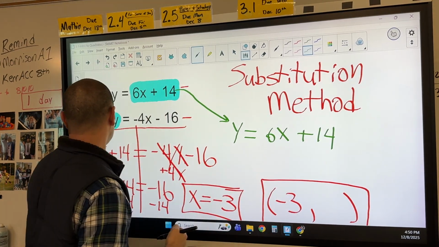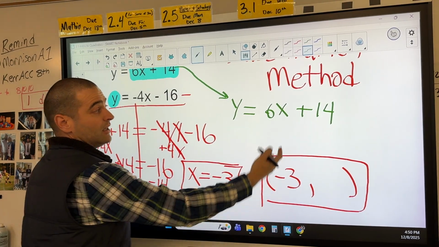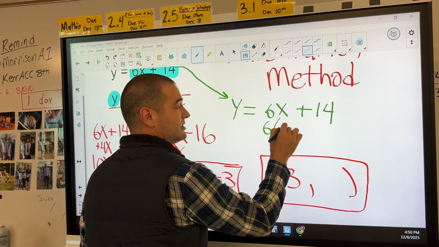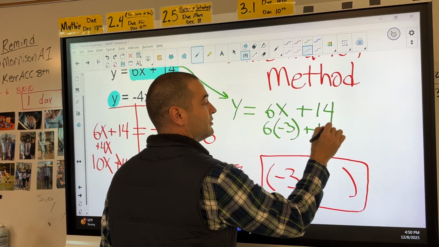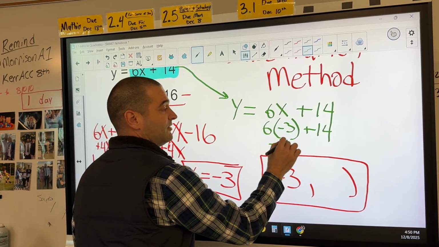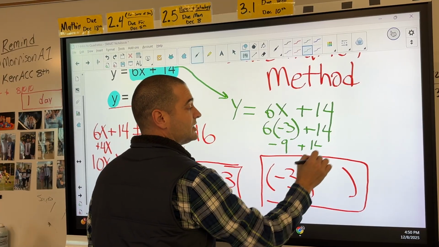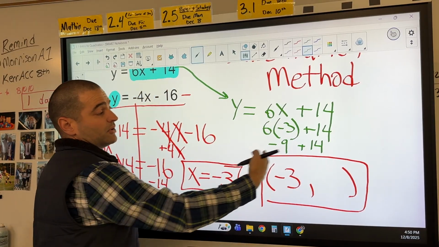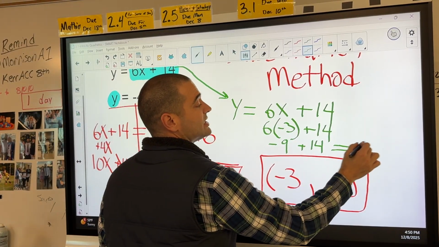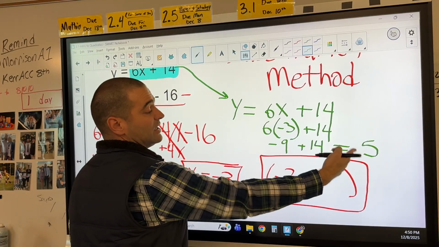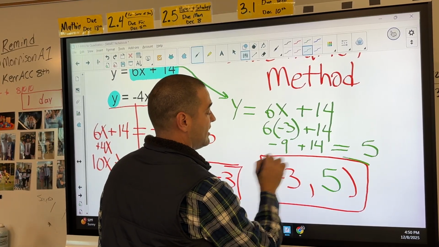But we know what x is equal to. x is negative 3. So this can be 6 times negative 3 plus 14. Well, that is negative 18 plus 14, and that is negative 4.